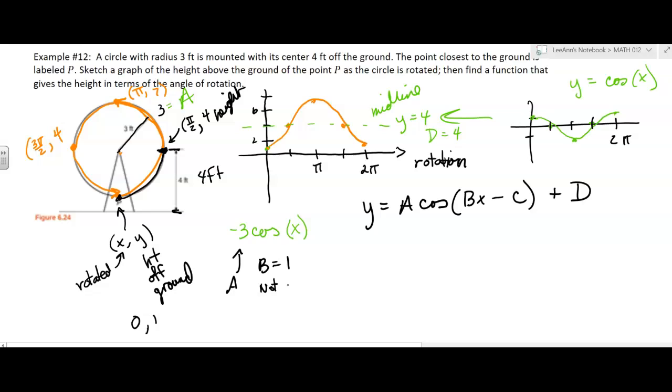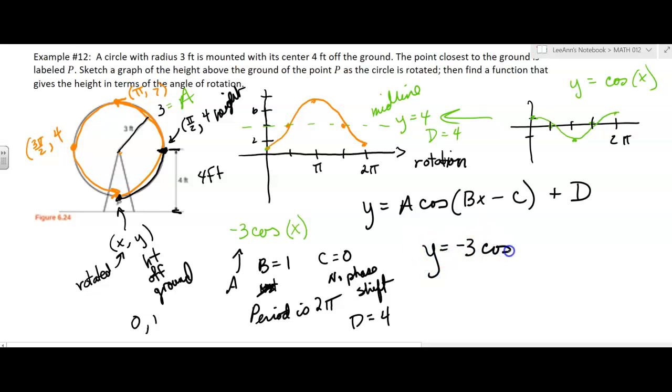We'll just say the period is 2 pi, so there's no change in the period. And then there's no phase shift, so c equals 0. And then d was 4, so the whole thing is shifted up 4 units. That gives us y equals -3 cosine x plus 4.